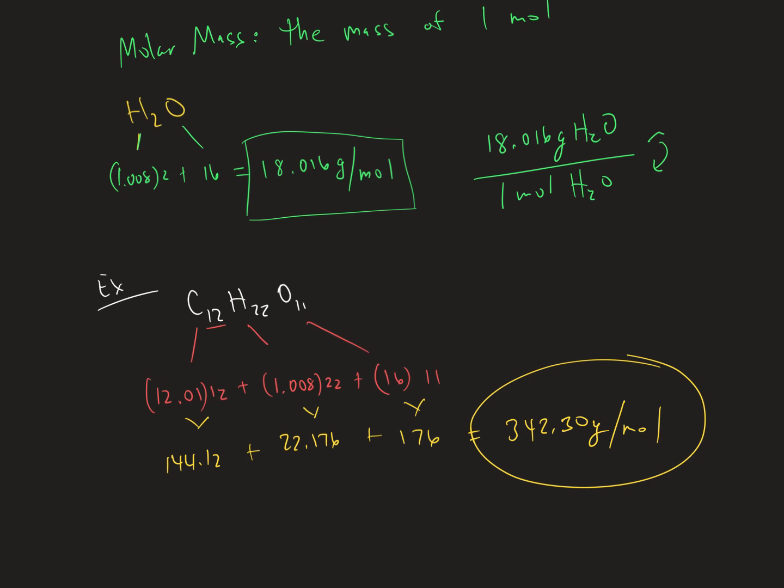So now we can convert grams of sugar, which we can measure in a lab, into moles. Why? So we can figure out how much product we're going to get if we melt sugar and it breaks down into carbon and carbon dioxide and water or whatever.